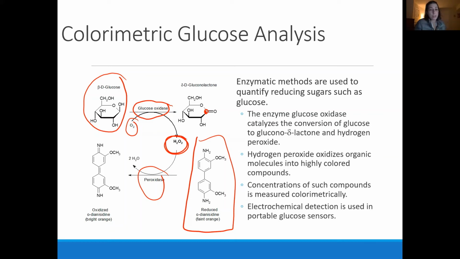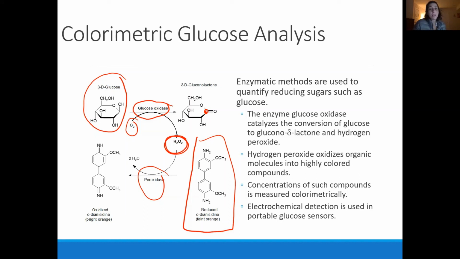This chemical reaction occurs very quickly. But essentially, if you put glucose in the presence of this dye and you put glucose oxidase and peroxidase in there, so they're in the mixture, and you put your dye in, if glucose goes into that dye, this reaction will happen quickly. Hydrogen peroxide will be formed. Hydrogen peroxide will react with the dye, and it will turn it into a bright orange color. And you can sense, based on the color, how much glucose is there.